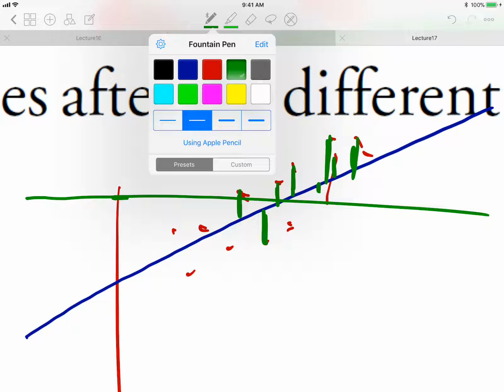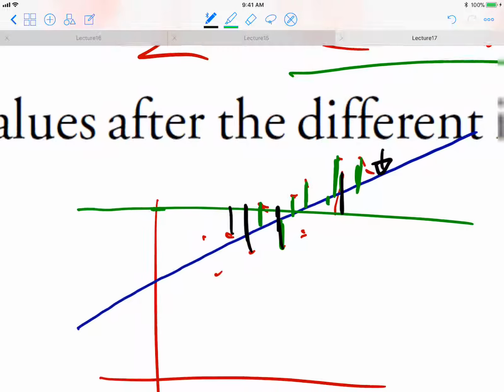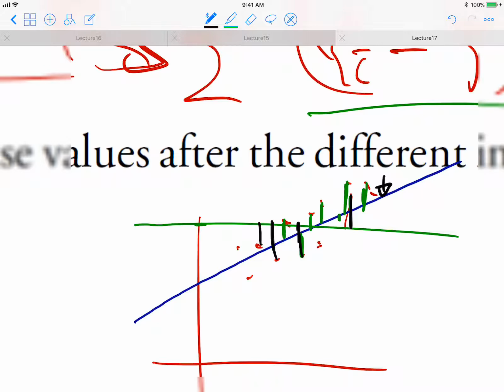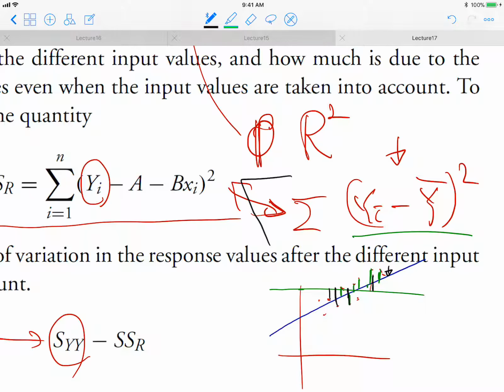So this is represented as y bar. And then what about the error? The error will be bigger than for this line, right? This line follows our data points much more closely, so this one is a much bigger value.